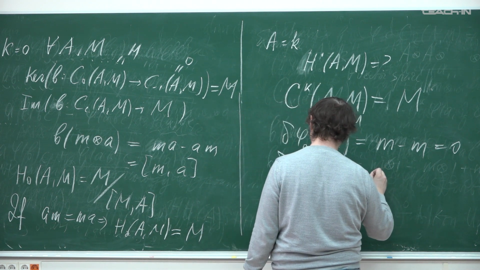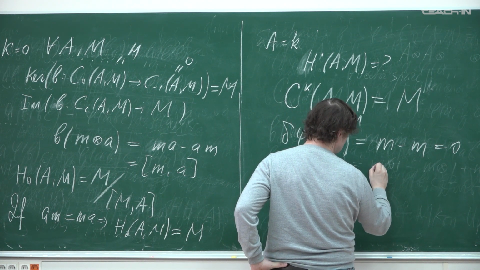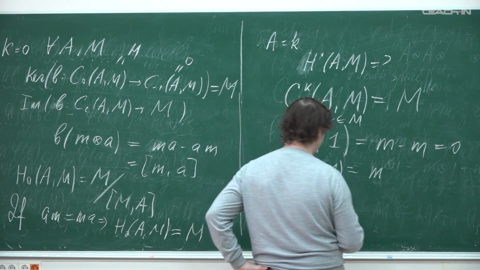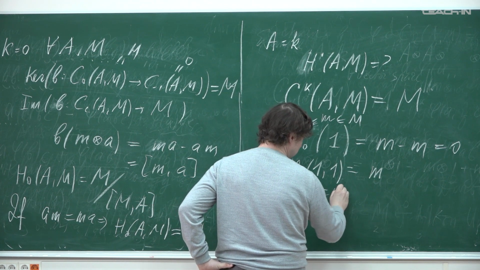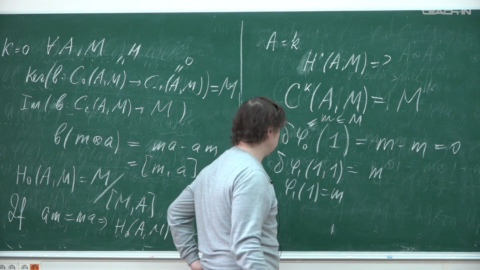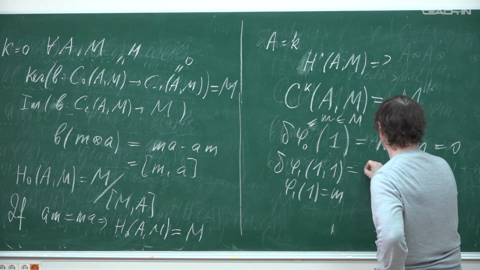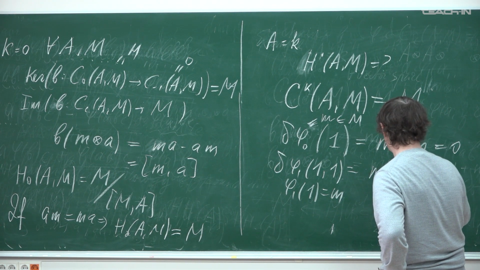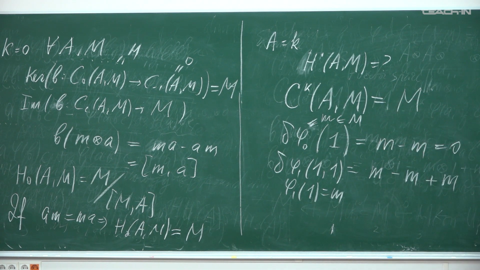Let phi_1 of 1 be equal to m. In this case, what do we have? It is m minus m and plus m again. So it's again equal to m.